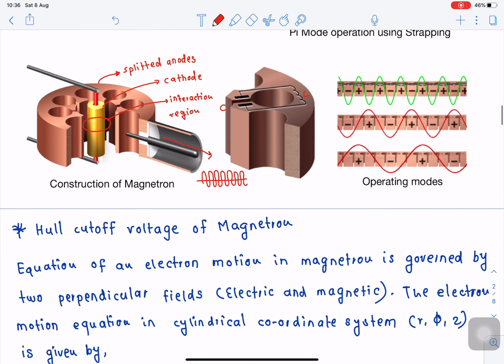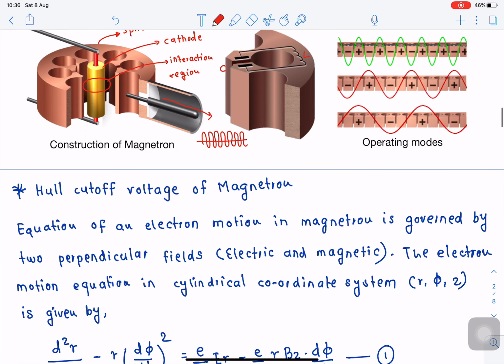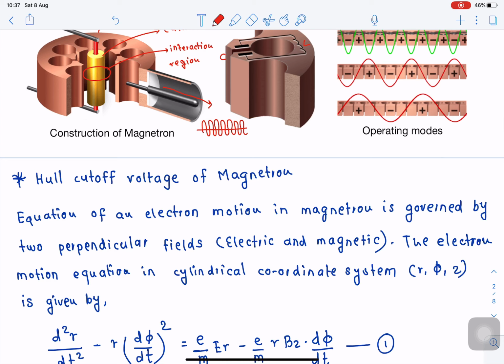This particular condition, at which velocity modulation is initiated inside a magnetron, can be determined by a condition called the cutoff voltage. This cutoff voltage in the magnetron tube is very important, right?